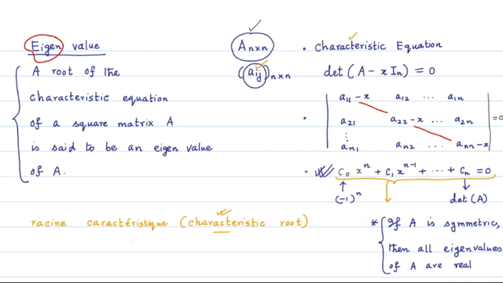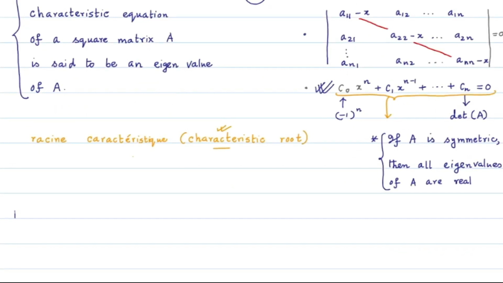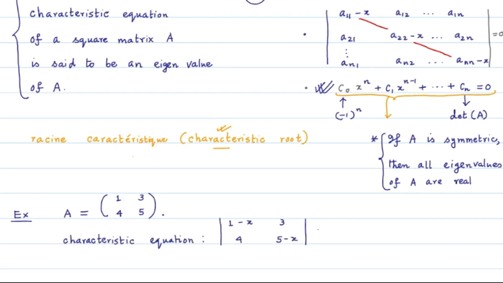Let us now quickly compute eigenvalues of a matrix of order 2 by 2. Let us consider the matrix capital A is equal to, its eigenvalues are given by the equation determinant of this matrix is equal to 0, which simply gives us x is equal to -1 or 7, and therefore eigenvalues of the matrix capital A are -1 and 7, which are both real numbers.